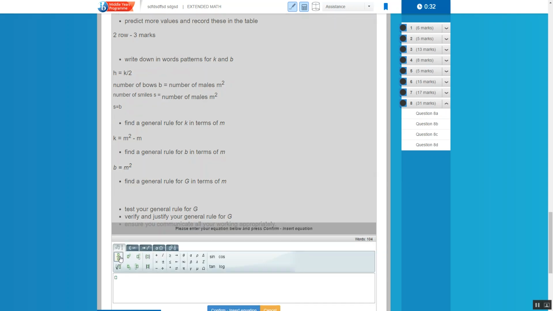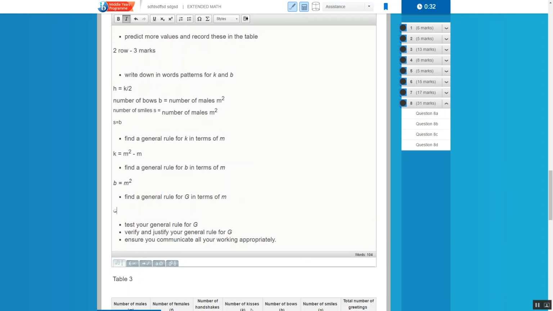So I'm going to put this in this form: 7 over 2 m squared minus 3 over 2 m is equal to the g term.